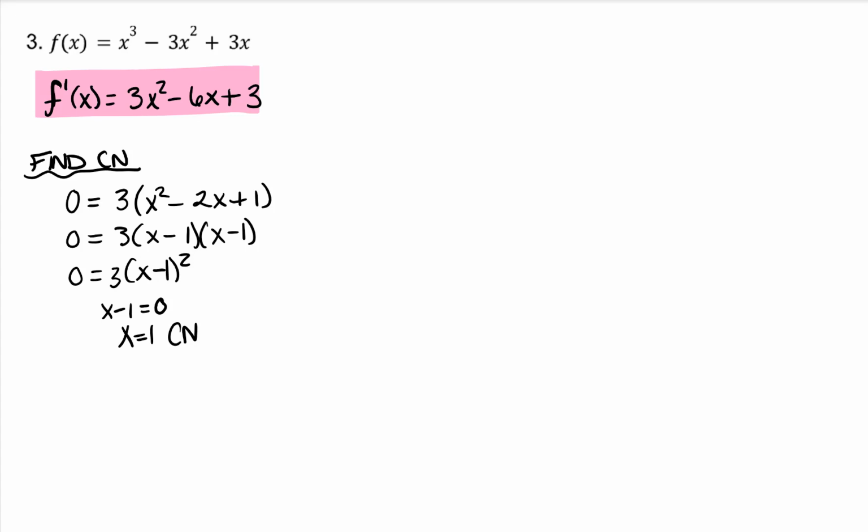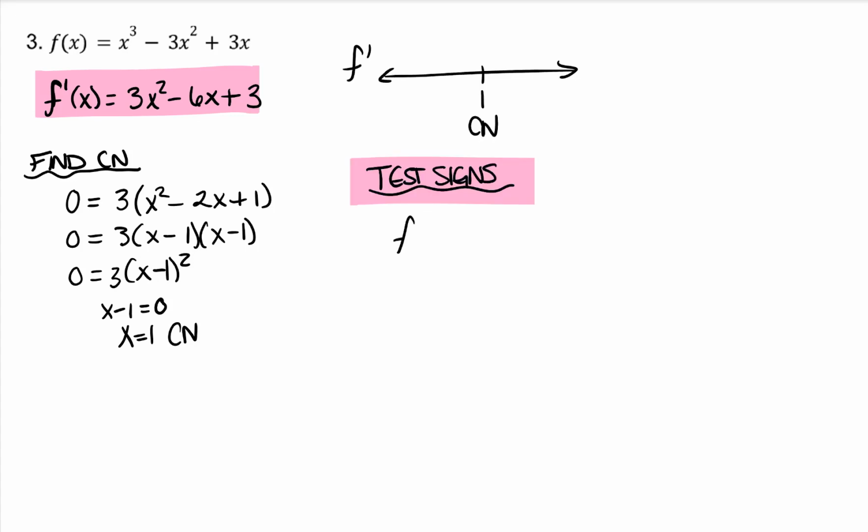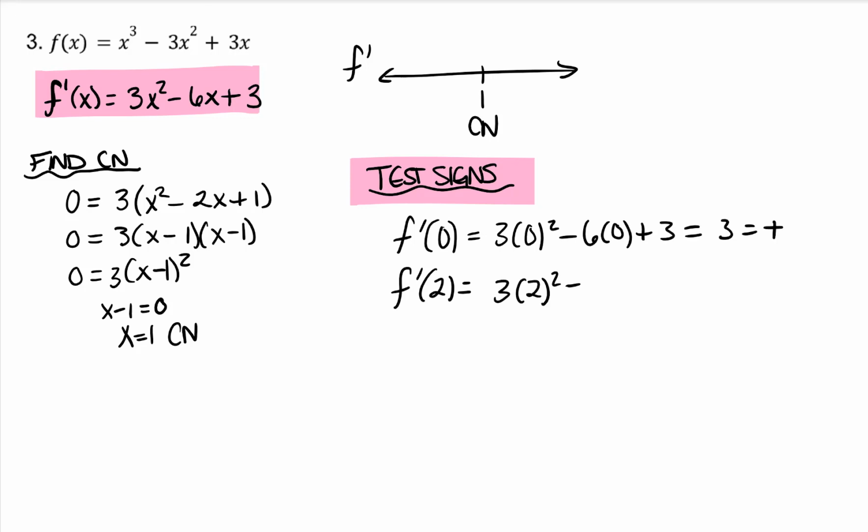And we only have one critical number to put on our f prime number line. Let's test signs to the left and right of 1. Both of these intervals are positive for f prime, meaning f is increasing on both of these intervals.